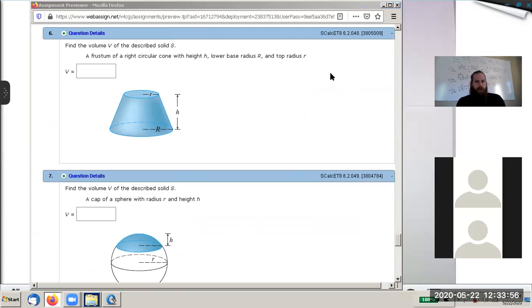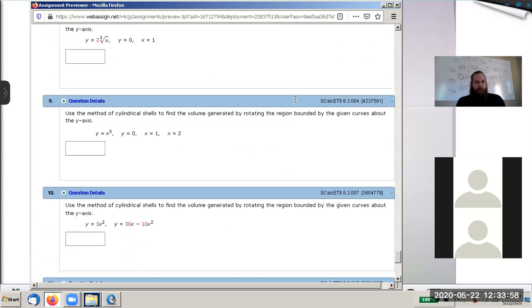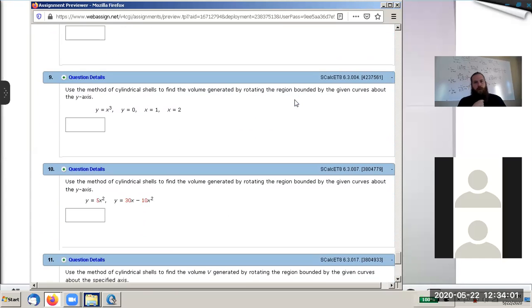Number 9, all right. So use the method of cylindrical shells to find the volume generated by rotating the region bounded by the given curves about the y-axis.